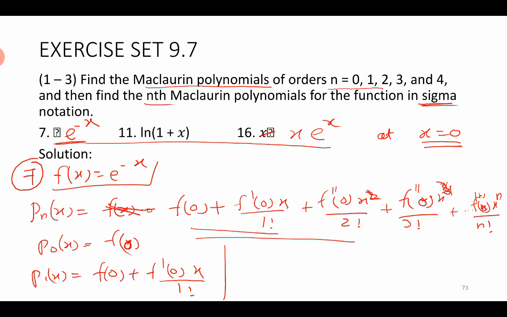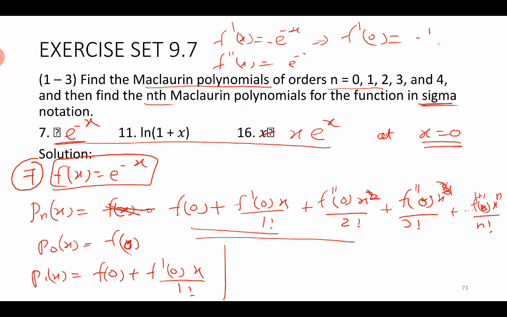F of x is given here. Find f dash of x, which is e raised to minus x with a minus sign, isn't it? So what is f dash of 0? With e raised to 0, it will be negative 1. So what is the second derivative of the function?